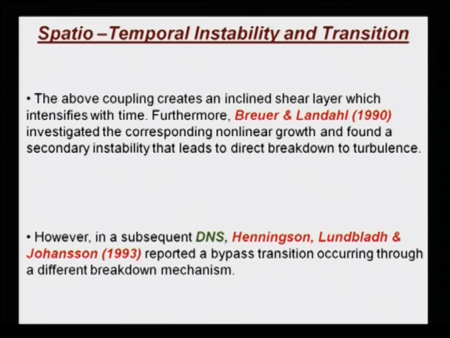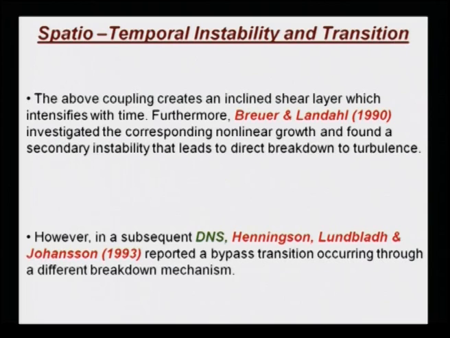And in the context of the work that we talked about, coupling between the linear modes given by the Orr-Sommerfeld equation and the Squire equation, Breuer and Landahl did find out that if you go to the corresponding nonlinear stage, you could find a secondary instability that could really lead to a spectacular growth of disturbance, directly leading to turbulence.